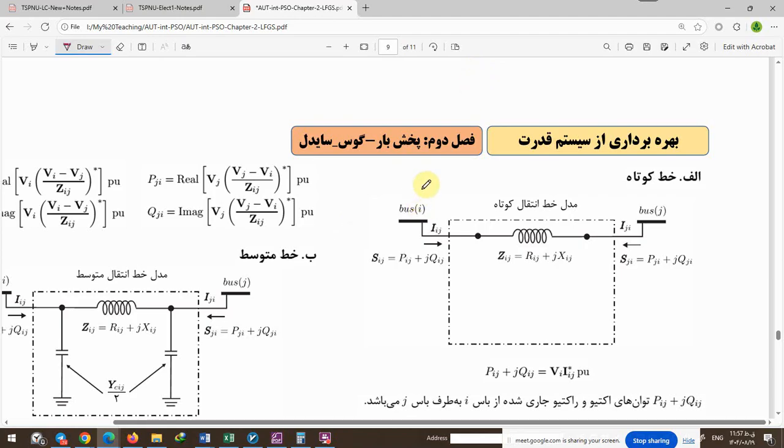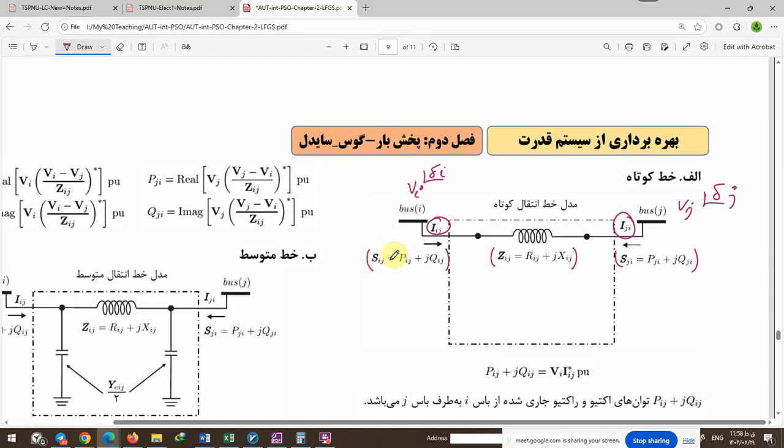For example, we find Vi with delta i, Vj with delta j, and other parameters like currents, the power you send to bus j and the power you receive in bus j. The impedance is here, and the current you get in the final buses.